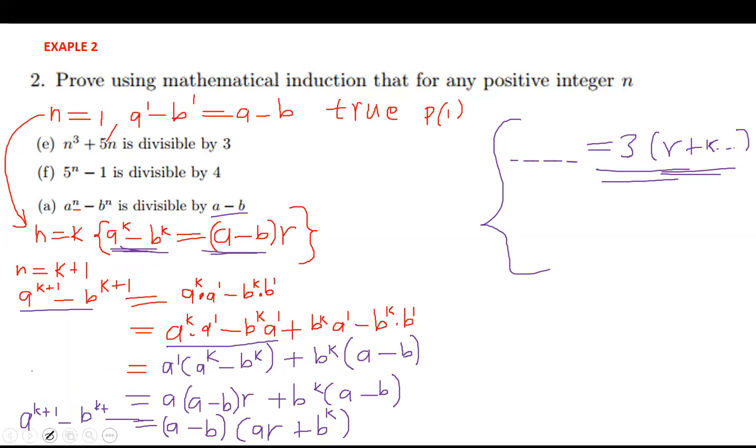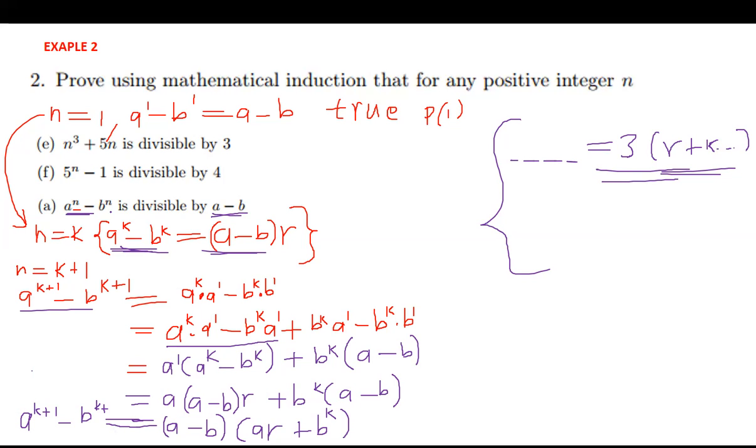So after simplifying this expression, this is what we have found, which implies that a minus b is a factor of a to the power n minus b to the power n.